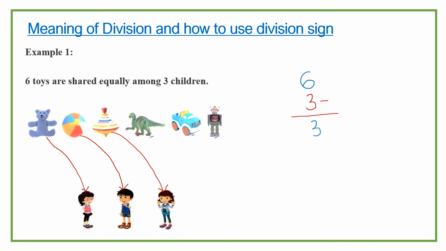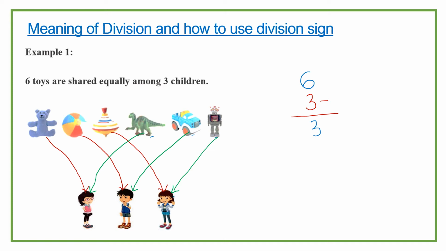Okay? Now also, let us again give this toy to this child. We give this toy to this child and we give this toy to this child. You see? Now, each child has 2 toys.